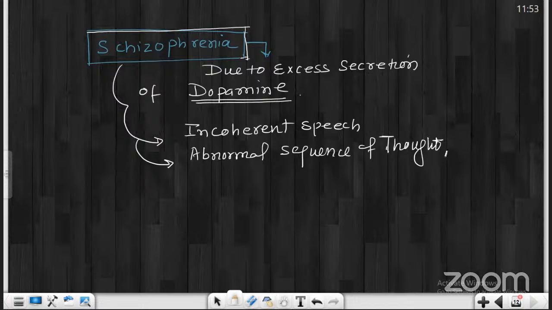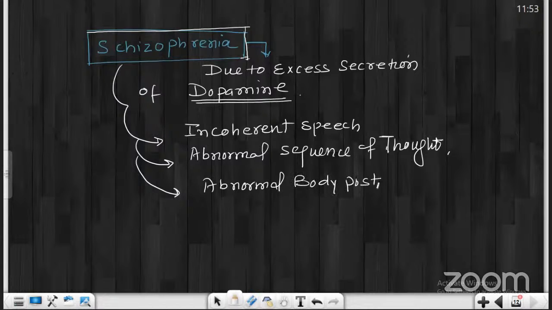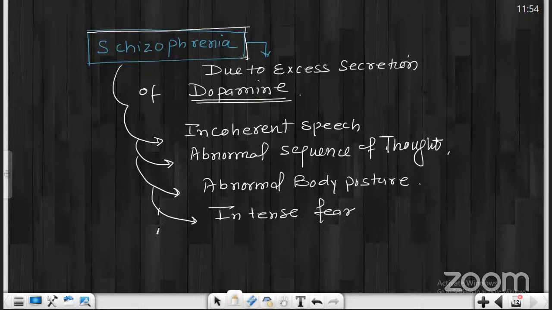And one more thing, abnormal body posture. बॉडी का जो पोस्चर होता है एबनॉर्मल हो जाता है, टेढ़ा मेढ़ा, लाइक इंटेंस फियर, वेरी कॉमन. And the last symptom which I'm going to write here, unreal feelings. These are some symptoms of schizophrenia.